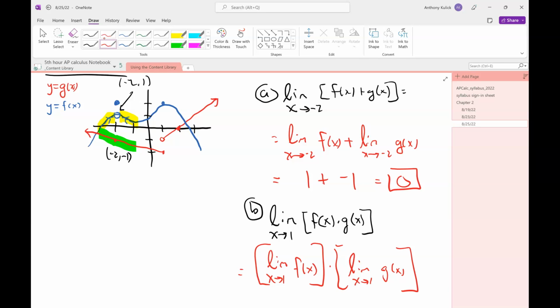So now I go to my graph. I go for f of x, and I look at what's happening as x approaches 1. The limit as x approaches 1 for f of x is 2. That okay? Just read it right off the chart. And I'll do the same thing now for g of x.